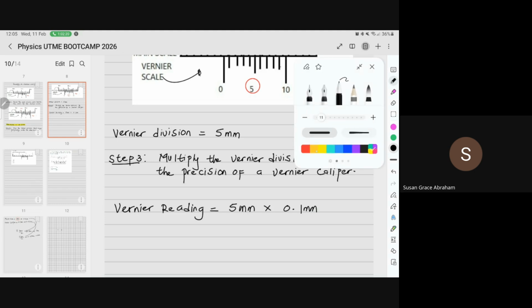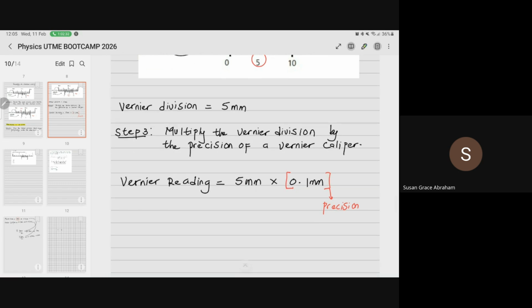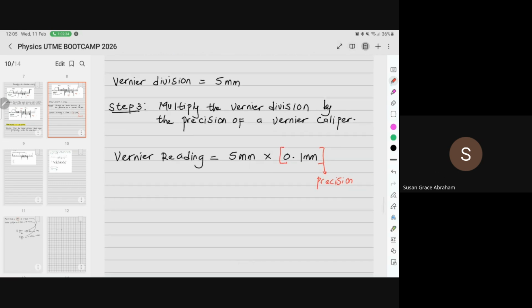Remember, this is coming from your vernier what? The precision. This is your precision. Then what will it give you, please? Can you give me the value? Anyone that has a calculator?